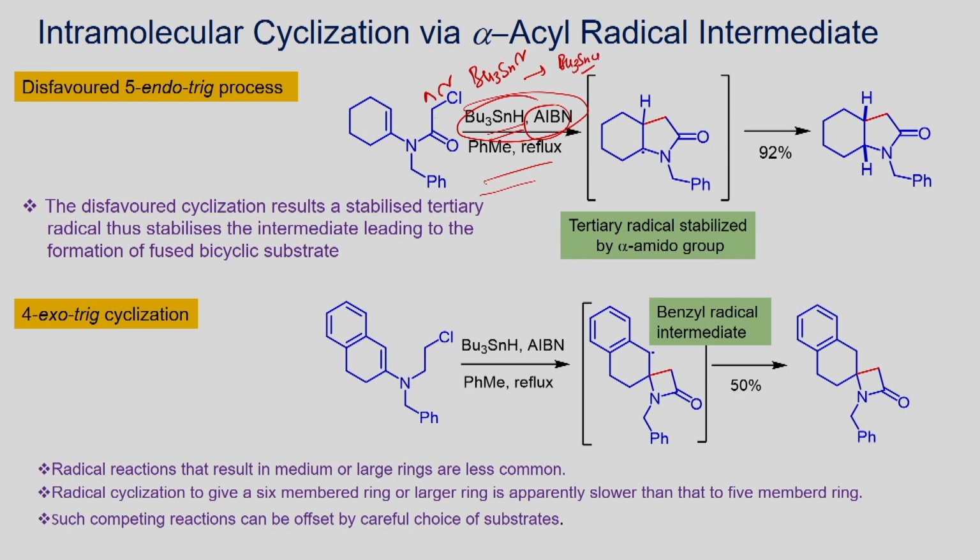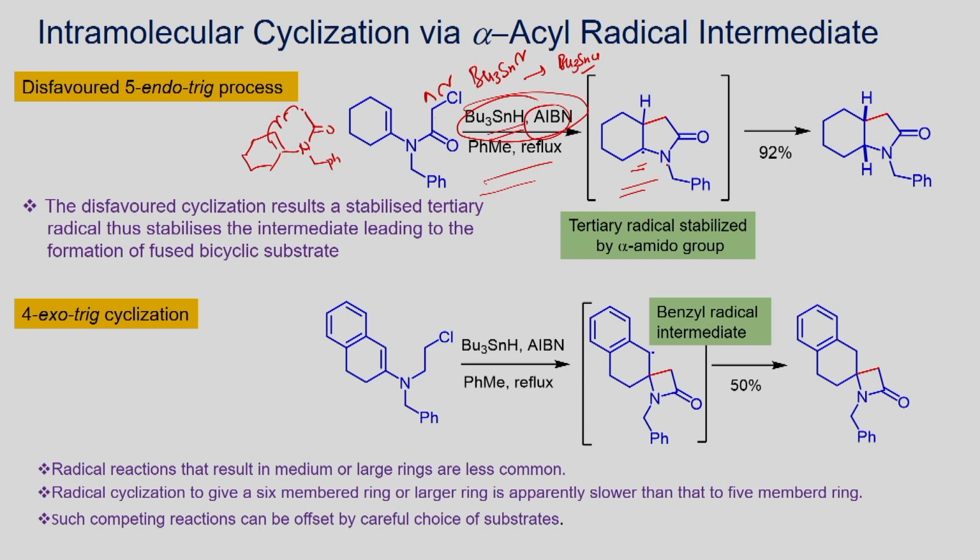Once you form this radical, it can lead to cyclization, and that can form this tertiary radical.